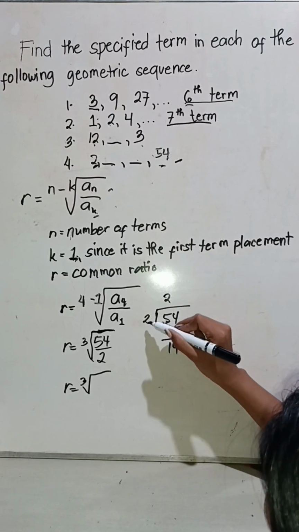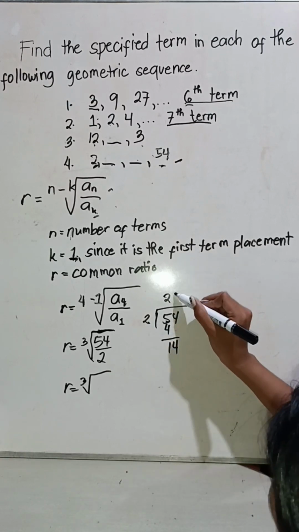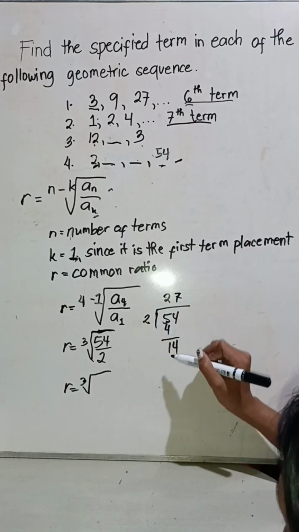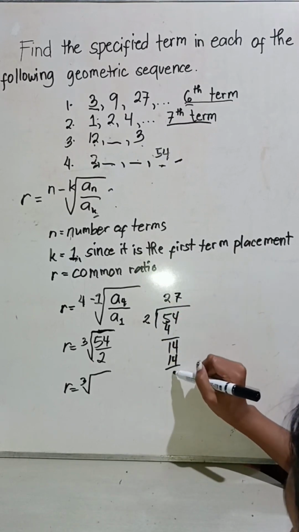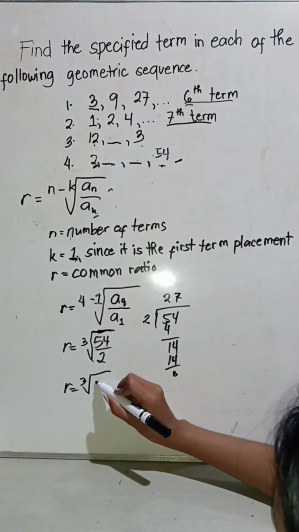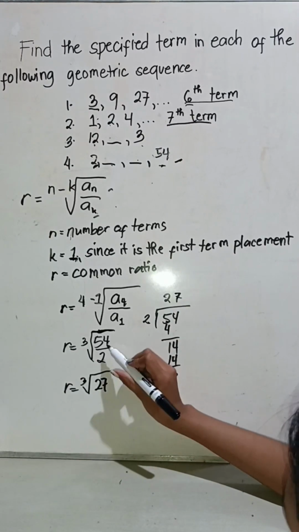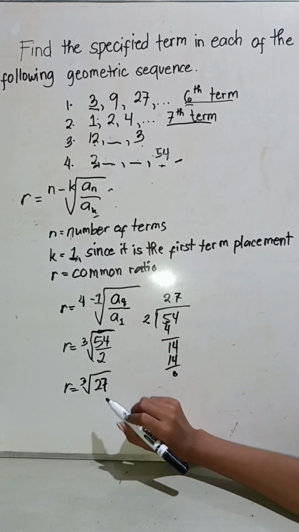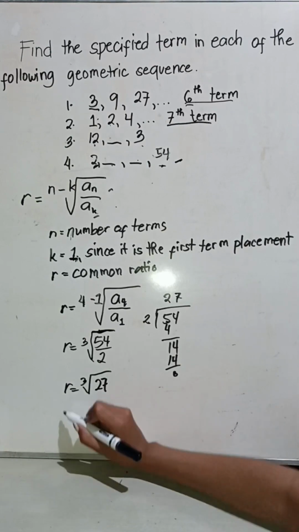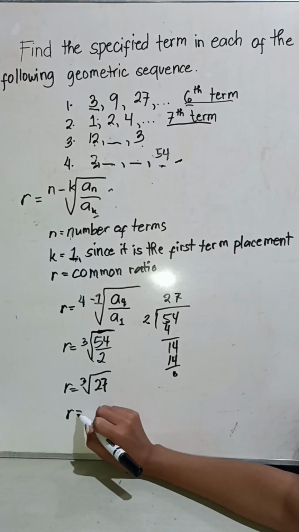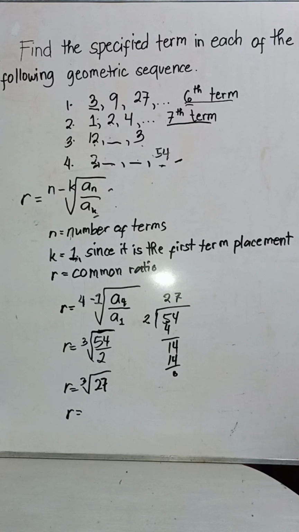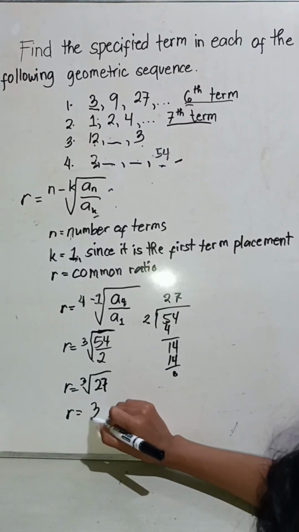So, 14 divided by 2 is 7. So, 7 times 2 is 14. 0. Therefore, 27 is our result. So, 54 divided by 2 is equals to 27. Next, r is equals to, what is our answer there, the answer is 3.